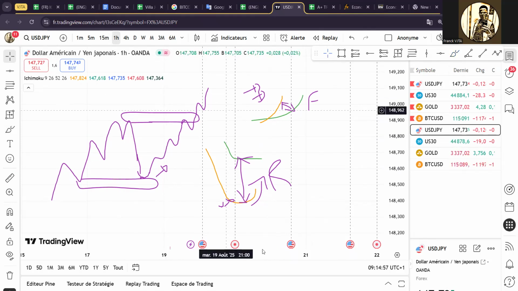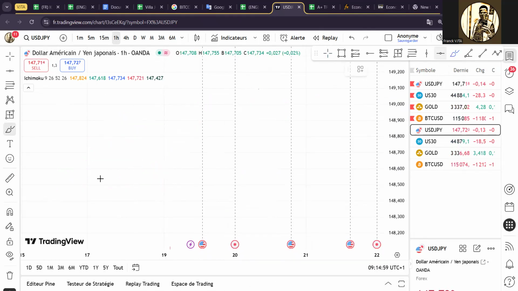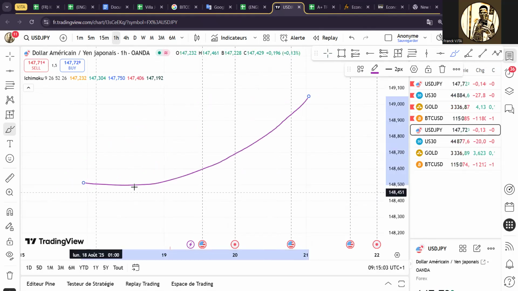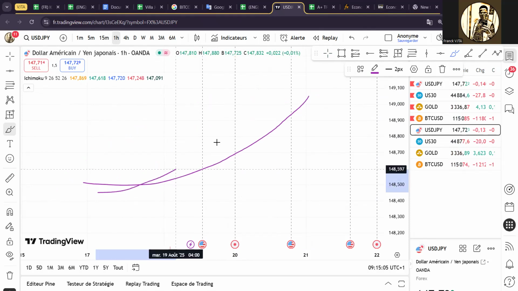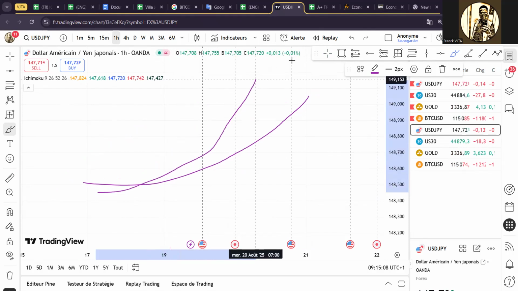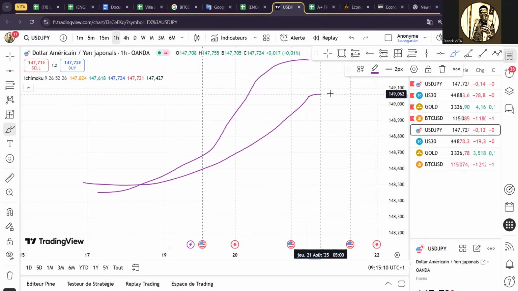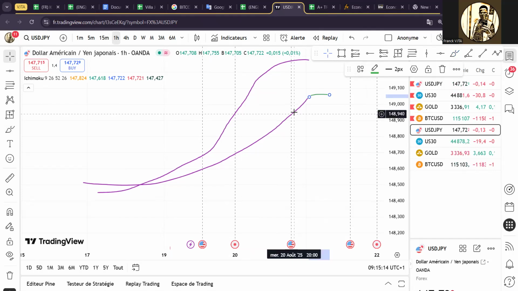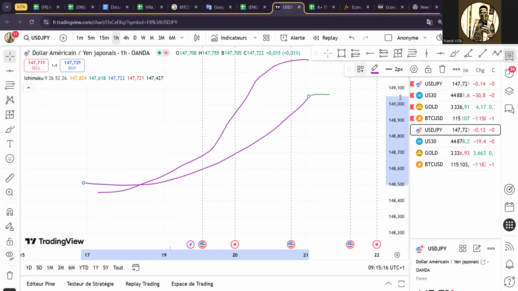So now, it is the speed of what? When you have a trend like this going to the upside, you can have this type of shape of the speed.